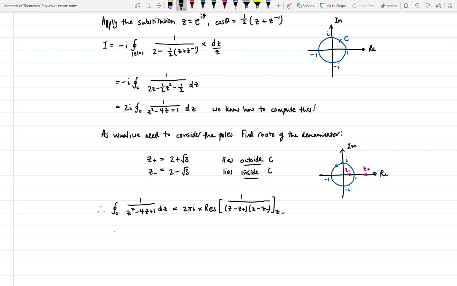You can check that this is a simple pole. And that means that we can use the expression that we derived in the last video of the previous topic. It's the limit as z tends to z minus of z minus, and then times our function.